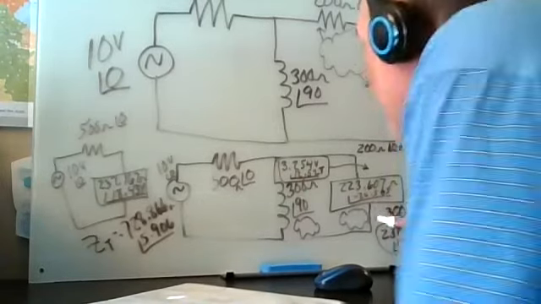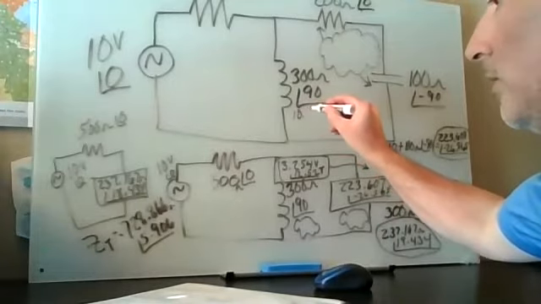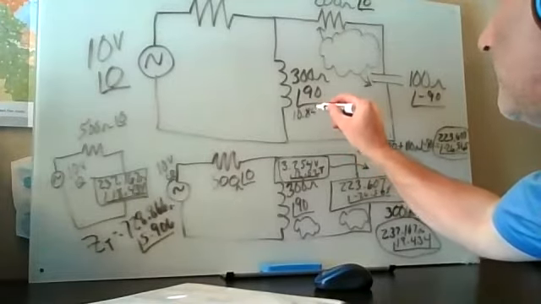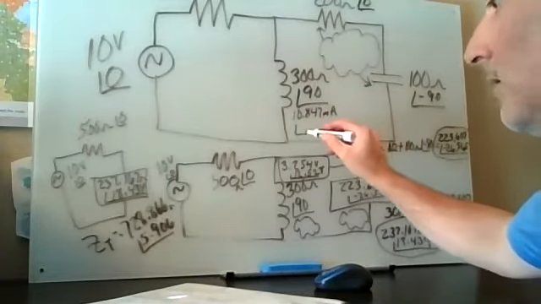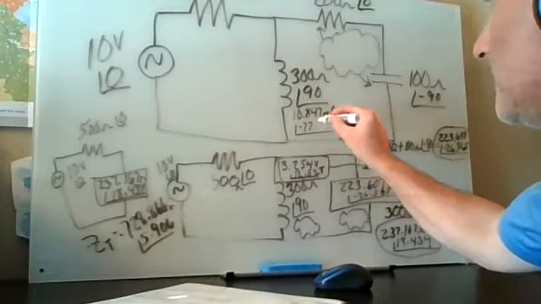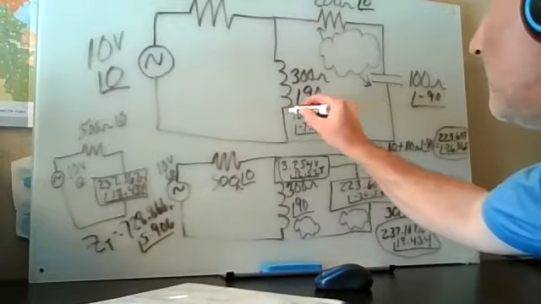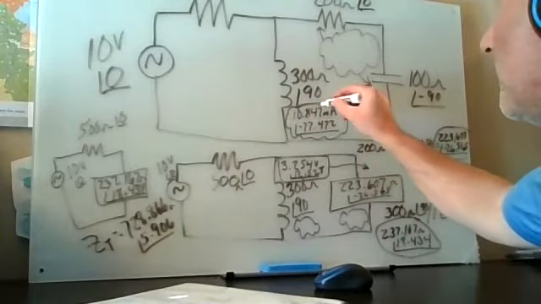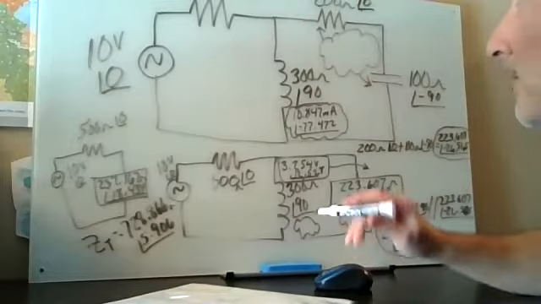So if I get them all, this current came out to be 10.847 milliamps at an angle of negative 77.472. So that's the current through my inductor. All right.